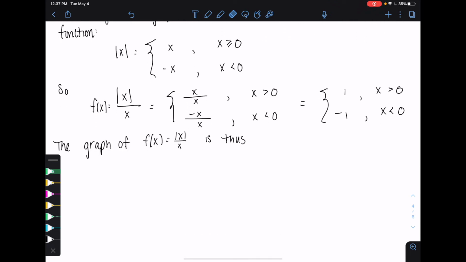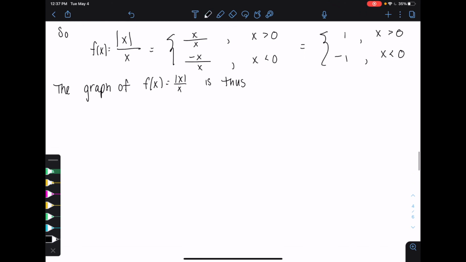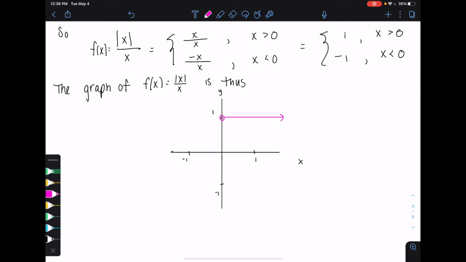So the graph of my function will look like this. It's a nice piecewise. Make this a straight line. Okay, so 1, 1, 1, 1. And my graph will give us +1 for positive numbers, -1 for negative numbers.